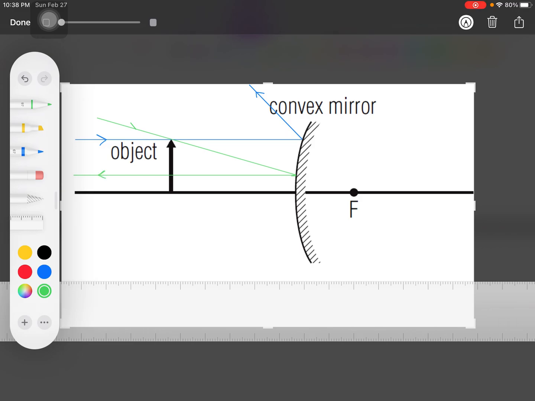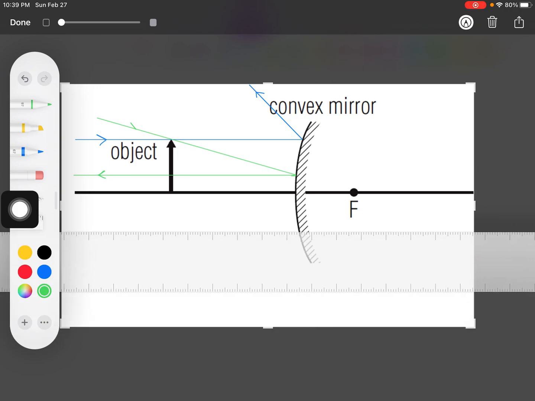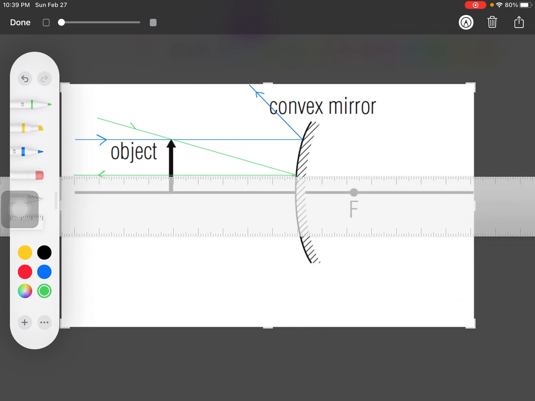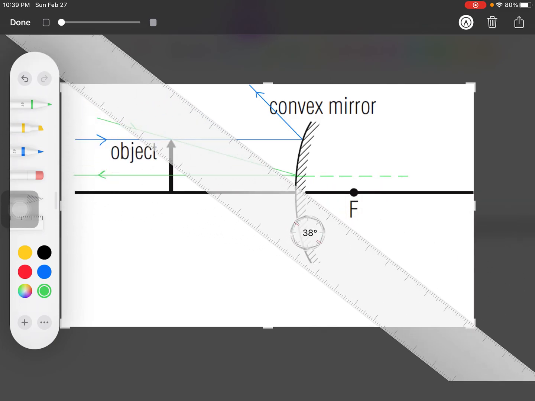Now what we see is our reflected rays are diverging from one another. They're moving away. So what we do to figure out where our image is going to be is we extend our reflected rays backwards, and we do a dotted line anytime we are extending backwards, because these don't actually exist.